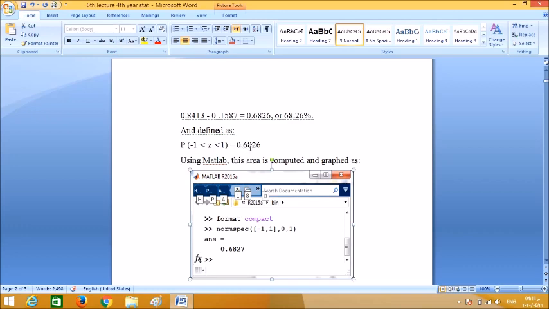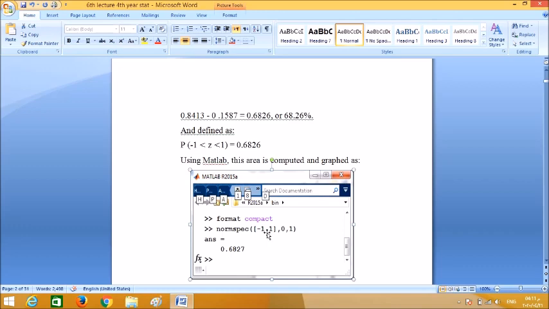That equals 68%, or about 68%. Using a MATLAB program, you have to use the function normspec and the interval between -1 and 1, and mu and sigma. Here mu equals 0 and sigma equals 1. You can omit this 0 and 1 because normspec applies by default to the standard normal distribution.